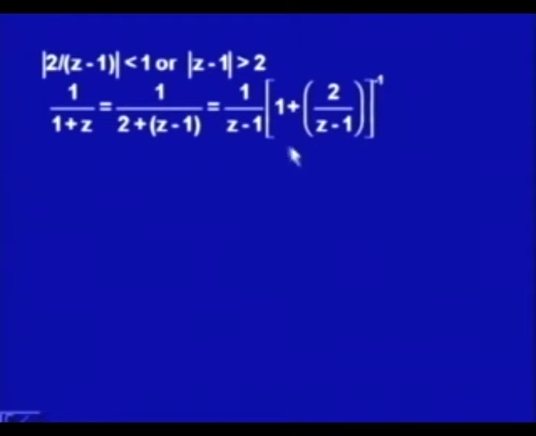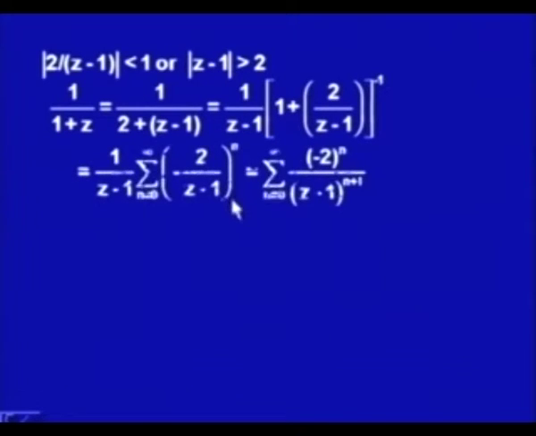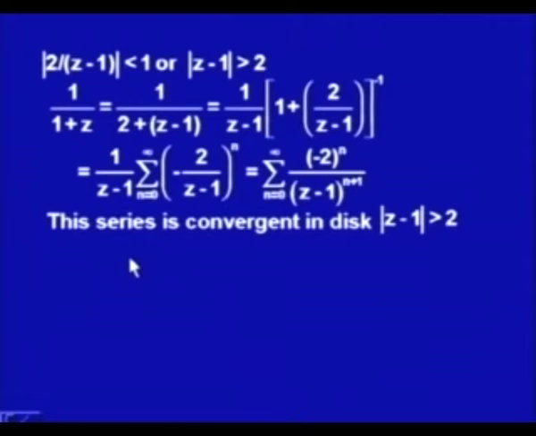So, we can again expand in power series and will have 1 upon z minus 1 summation n is equal to 0 to infinity, and here we have minus 2 upon z minus 1 raised to power n, and the series will be minus 2 raised to power n divided by z minus 1 raised to power n plus 1, summation will take values from 0 to infinity.